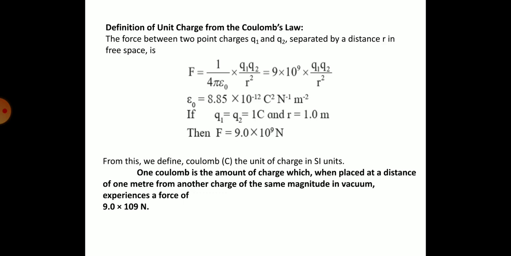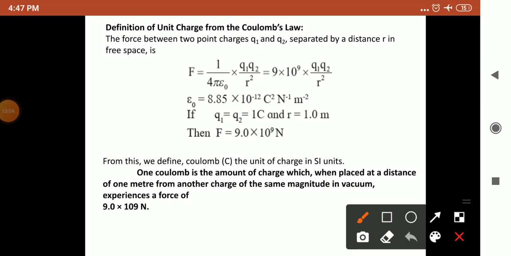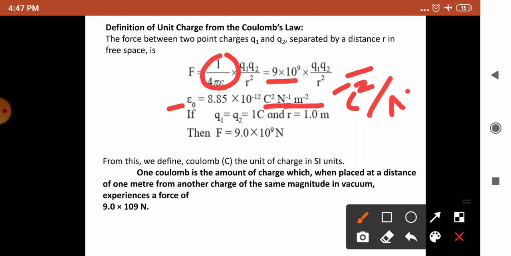As we know, the force between two point charges Q1 and Q2 separated by a distance r in free space is given by 1 upon 4 pi epsilon 0 into Q1 Q2 upon r square, where the value of 1 upon 4 pi epsilon 0 is equal to 9 into 10 raised to 9, and the value of epsilon 0 is 8.85 into 10 raised to minus 12 Coulomb square per Newton meter square.